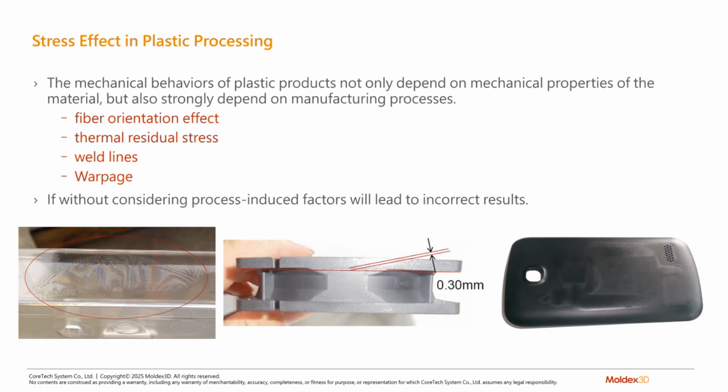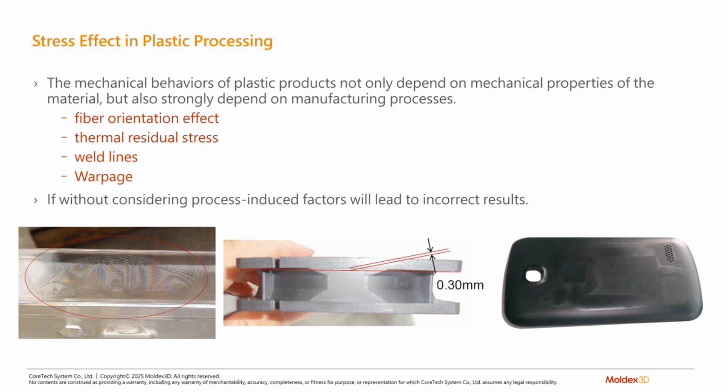The mechanical behaviors of plastic products not only depend on the mechanical properties of the material, but also strongly depend on the manufacturing process. In injection molding of plastic parts, some phenomena or defects may be caused by the injection process, which should be considered in subsequent stress analysis.